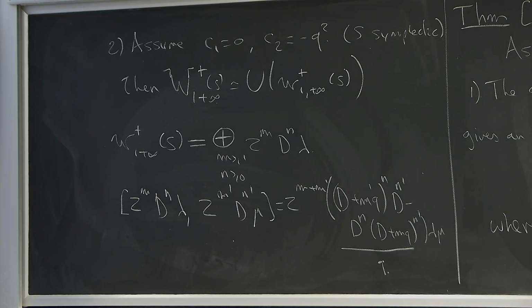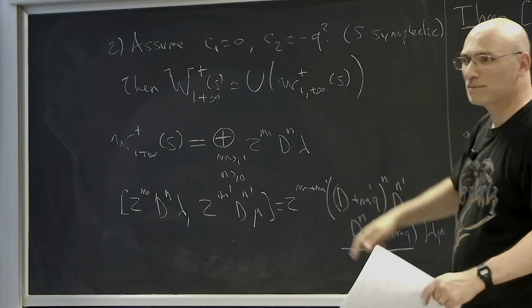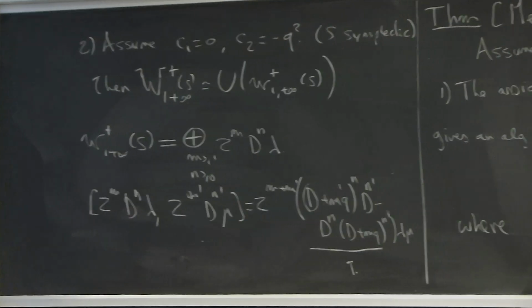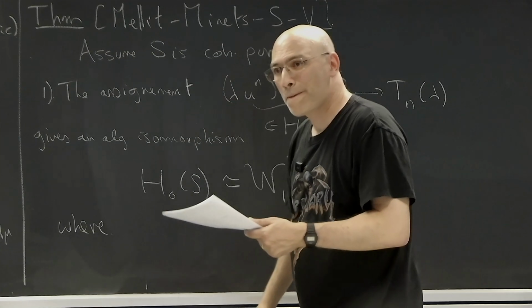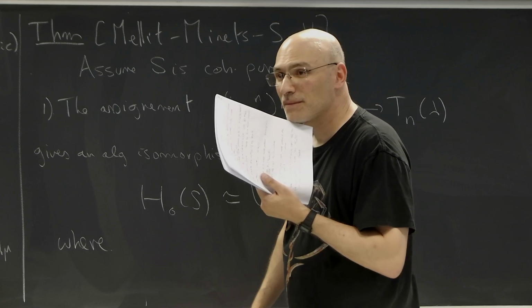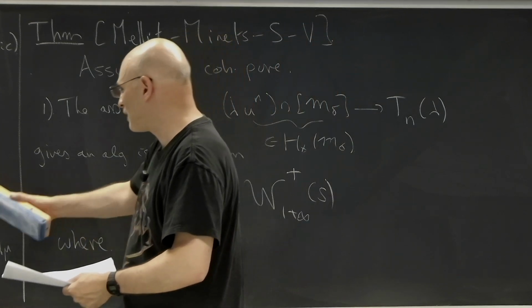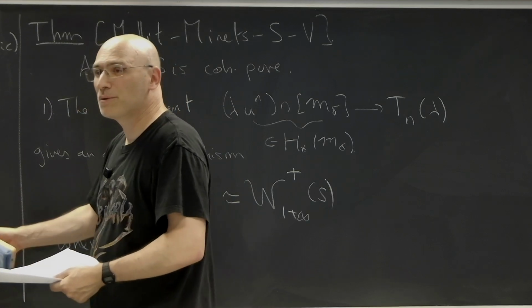What is q? Q is this number, c2. When the surface is A2, it would be 0. But then you can still make sense of that. That's a polynomial in q.